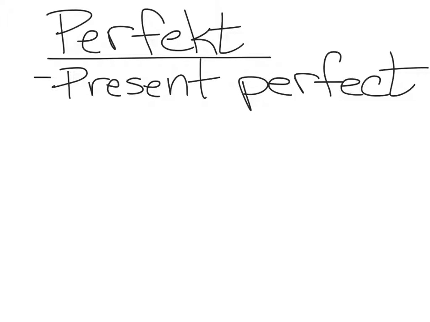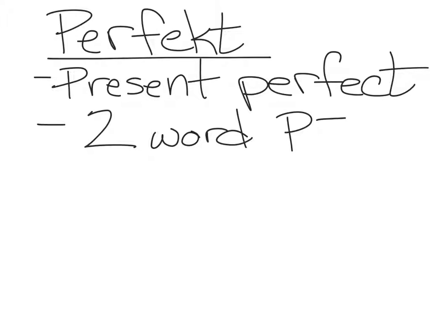So I find that confusing. Okay? But present perfect is what the Perfekt is. Okay? So the other one was the one-word past tense. This one is the two-word past tense, which is good and bad. In some cases, it makes it easier than the other one, and we'll get into that in a little bit.